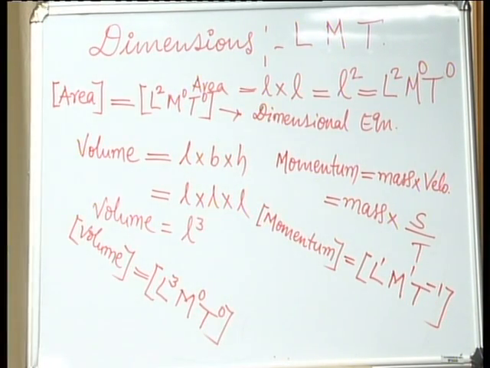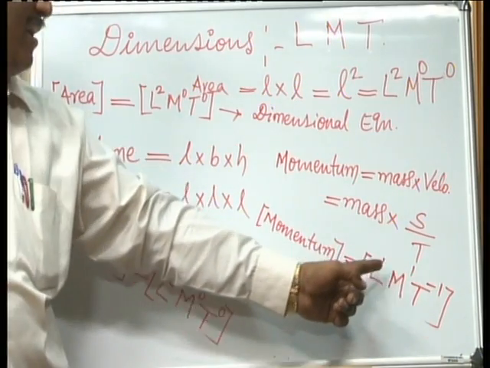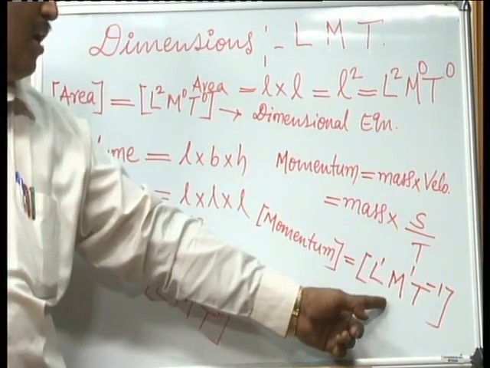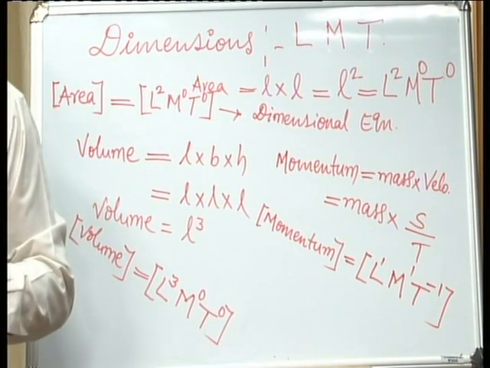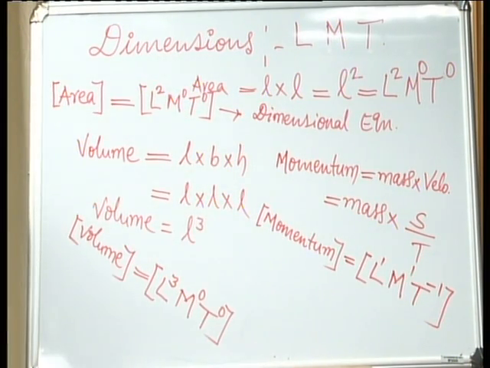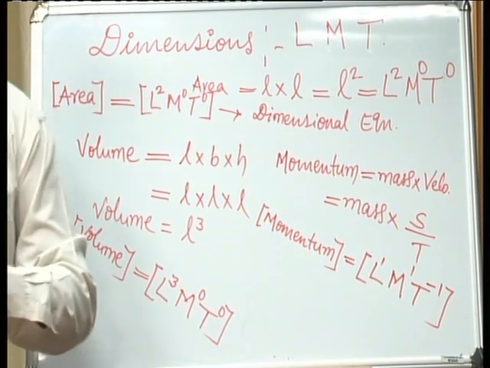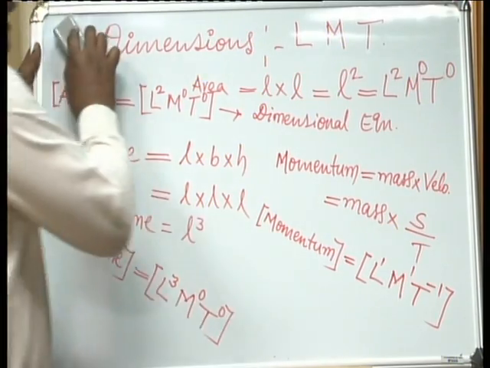Now, the dimensional equation of momentum is 1 in length, 1 in mass and -1 in time. So, this is the convention to be followed while writing the dimensional equation of a given physical quantity.